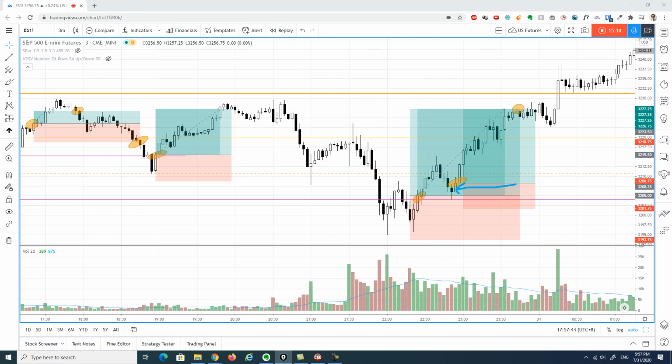And eventually I exited all my positions around 11:30 or 11:40 my time here, because it's a bit late and the time stop loss is about to kick in. That level coincides with my previous exit level, which is around the 3227 level.